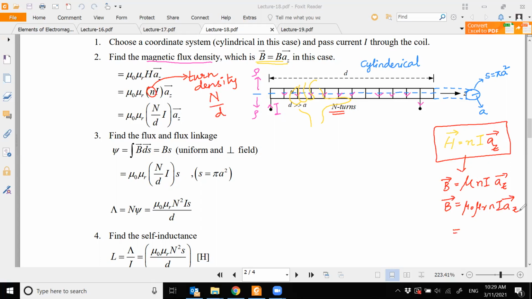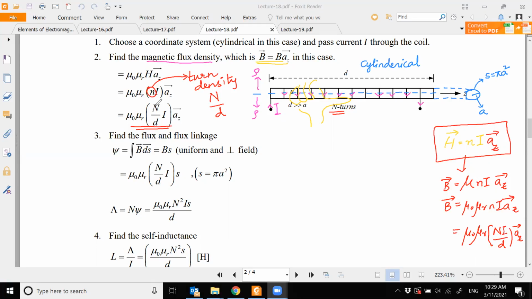If I substitute here, I get mu naught mu r Ni over D times az. And of course, remember, we are ignoring the field fringes. We are assuming that our magnetic field inside the core is constant. Based on that, we are deriving this.